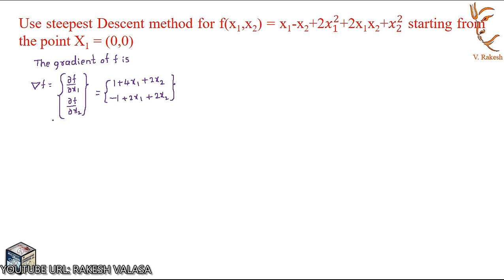Next, you can calculate Hessian matrix. We know the formula for Hessian matrix, that is H equal to dou square f by dou x1 square, dou square f by dou x1 dou x2, dou square f by dou x2 dou x1, dou square f by dou x2 square.